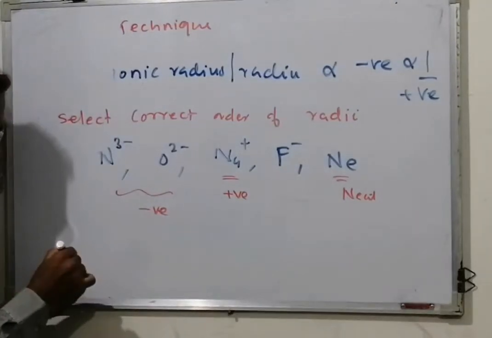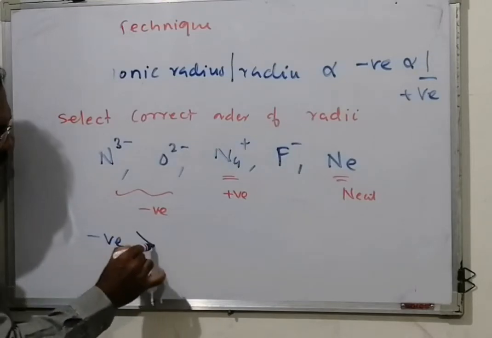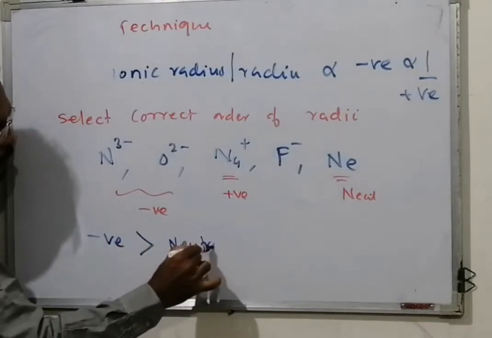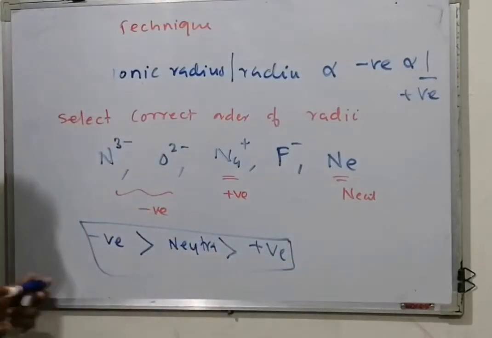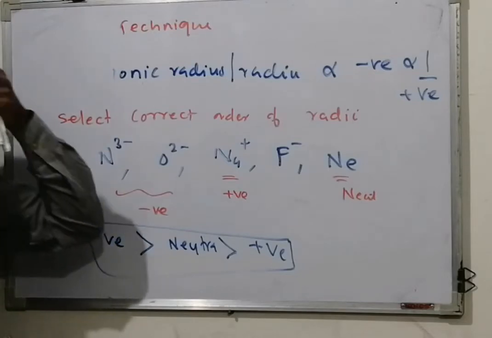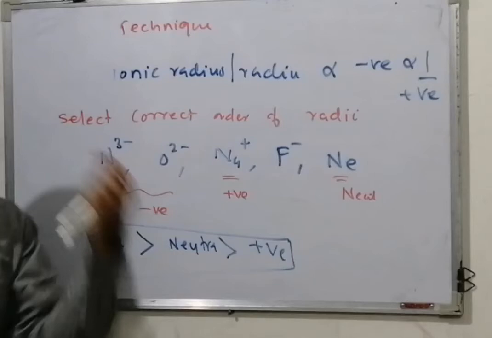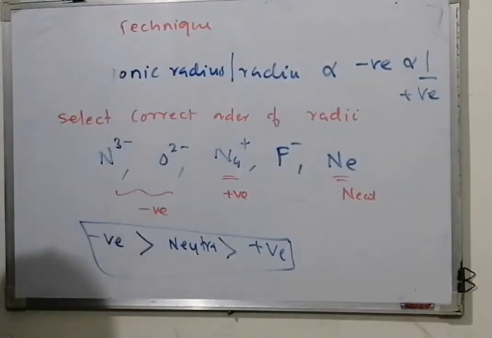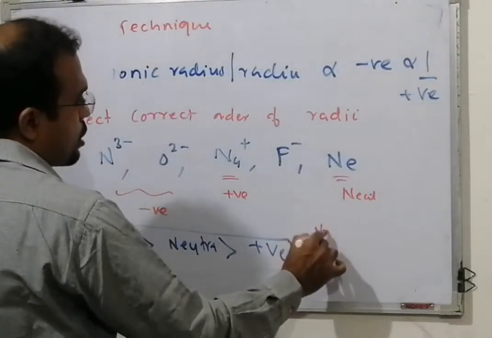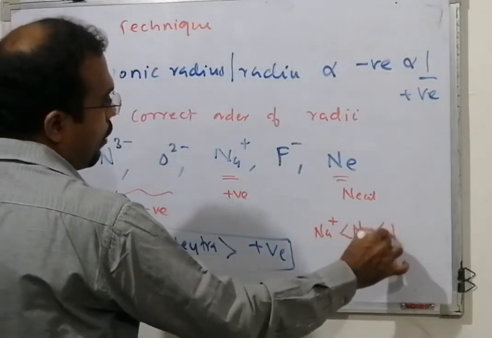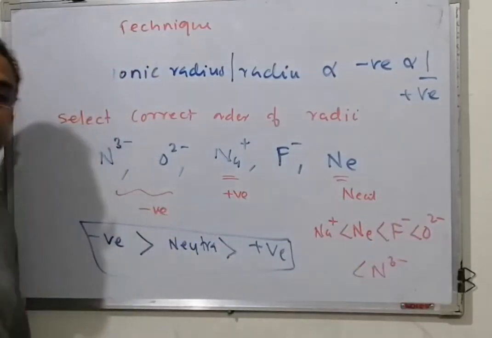Therefore, this is our technique: negative has more radius than neutral, neutral has more radius than positive. When negative charge increases, radius will again increase. When positive charge increases, radius will decrease. Therefore, the correct order is Na plus, then neon, then F minus, then O2 minus, then N3 minus.